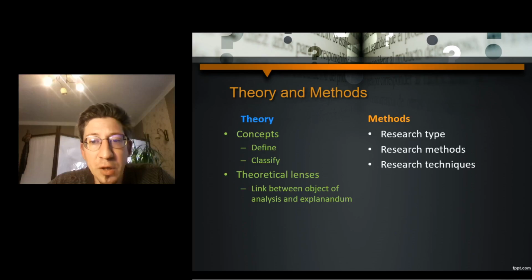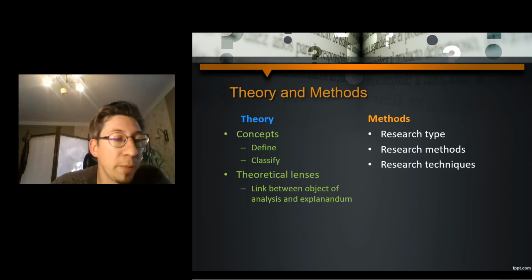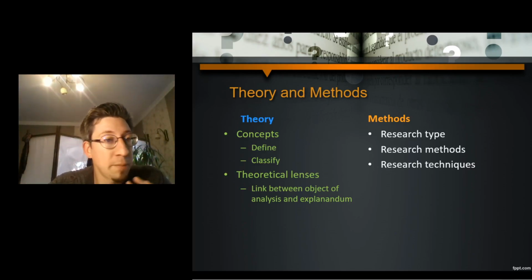When it comes to theory, I'm only looking at a couple of elements here. I'm looking at the use and the importance of concepts, both to define and to classify, and then in general theoretical lenses. Once again, I'm not going to give you a whole range of theories that you can use. I will give some examples from political science or general humanities, but if you need to figure out what theoretical lenses you need for your research, the only way is to take handbooks of methodology, read them, study them, and figure out what works for you.